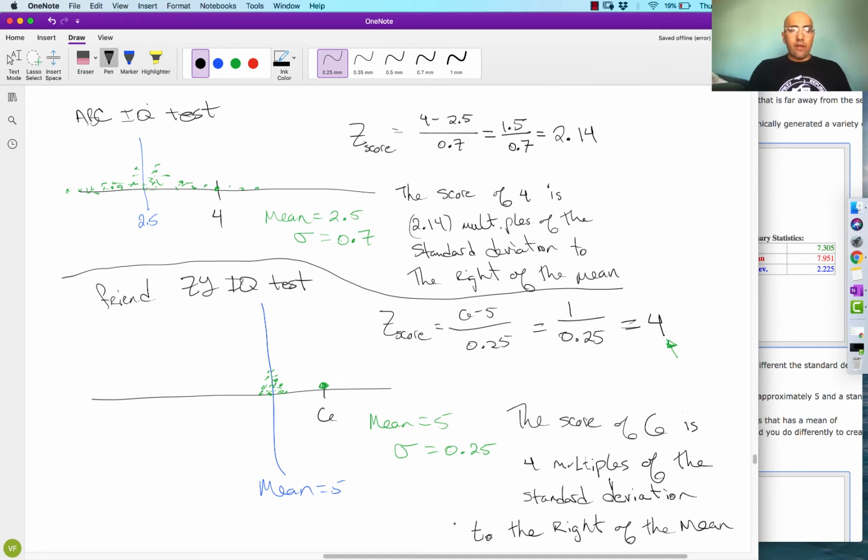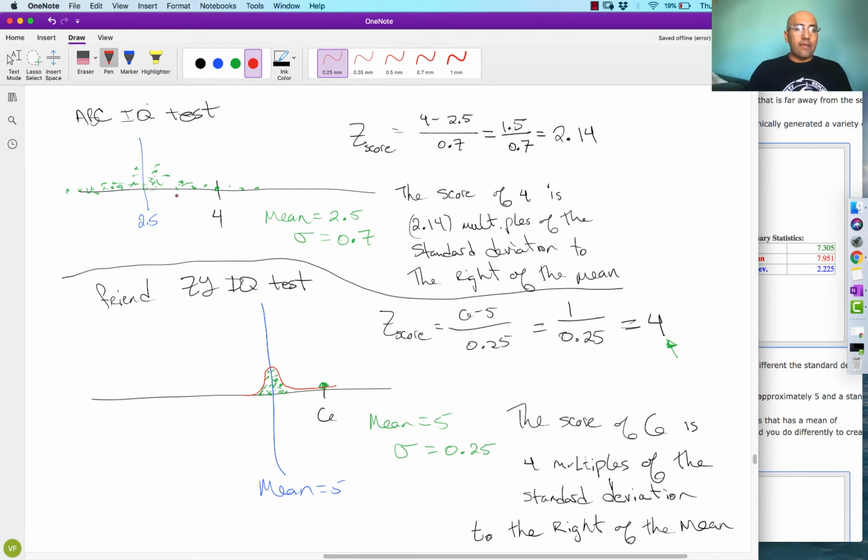Okay, and remember, if we assume that scores are approximately bell-shaped, then we know that that is a very, very unusual score, right? If we assume that IQ scores fall in this sort of bell-shaped thing, then this is really, really far to the right. 4 standard deviations, very unusual. And in this case, that's a good thing. That means this person is really smart.